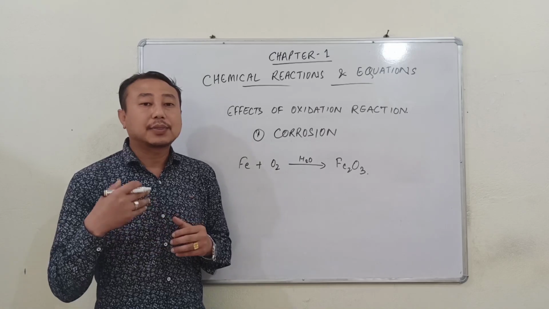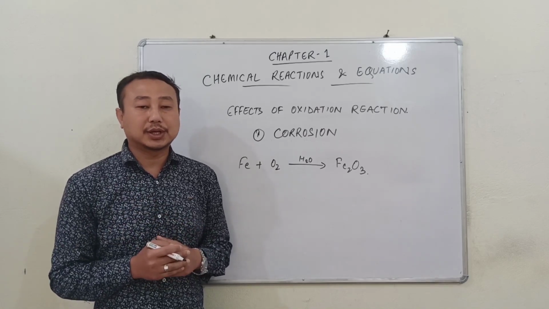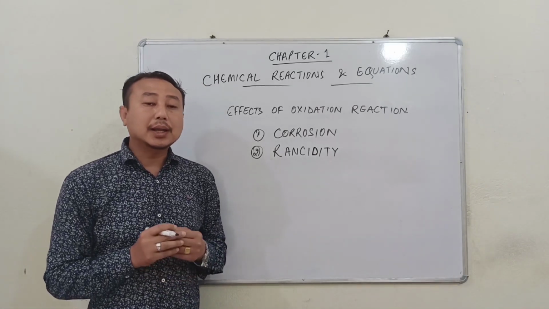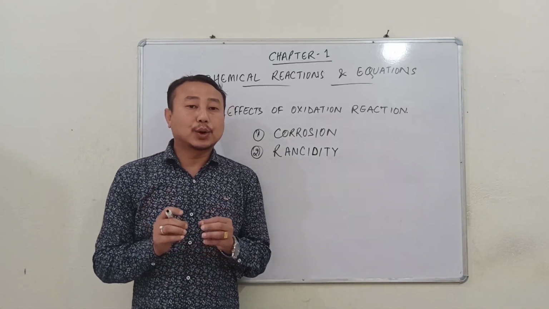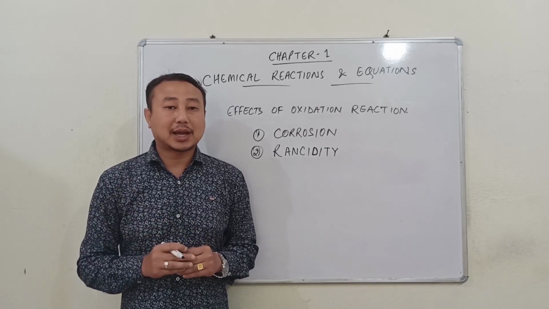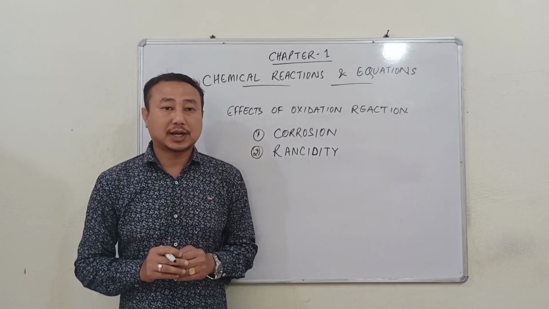Now, let us take up the next effect of oxidation reaction. The next effect is the rancidity process. In this rancidity process, the oil or the fats present in the food items react with the oxygen present in the atmosphere and spoil the food items.